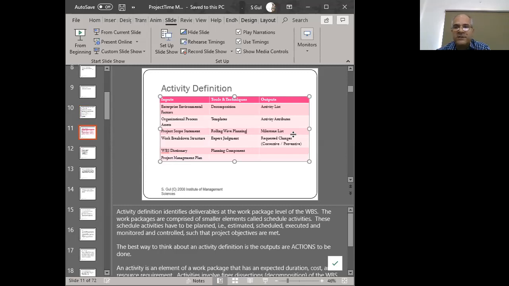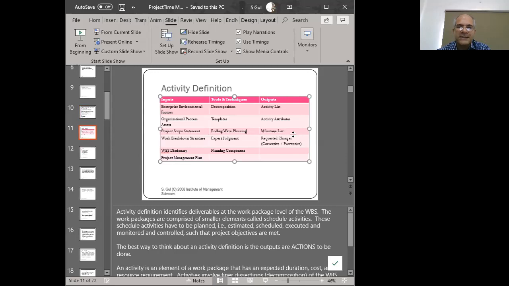Then we have expert judgment. Where do we get expert judgment? Well, expert judgment comes to us from the people that actually perform the work, right? So ask them how long it would take. Ask them what is the minimum time period in which it would happen. Ask them how much money is required and so on and so forth, and the sequencing of the activities. So you've got experts around.